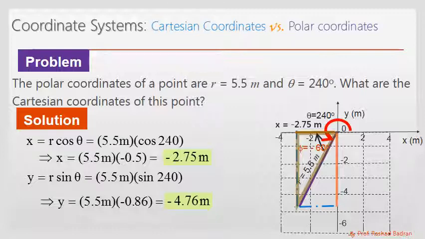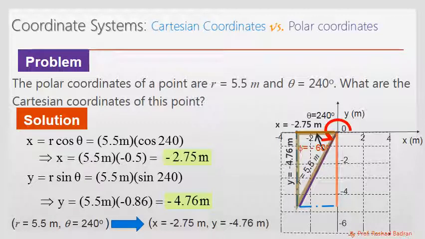When substituted into the sine, we will get the same answer for y, which is minus 4.76 meters. Thus, the polar coordinates point with r equal 5.5 meters and theta equal 240 degrees is transformed to Cartesian coordinates with x equal minus 2.75 and y equal minus 4.76 meters in the third quadrant.